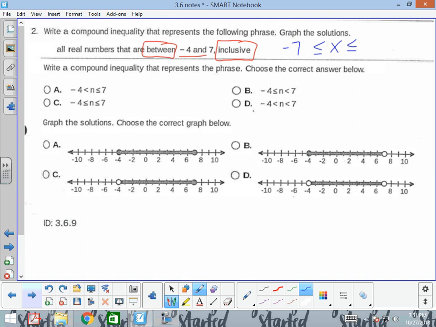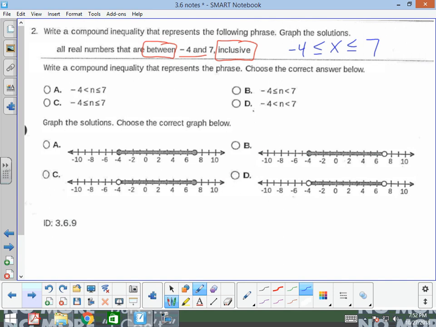Small number on the left and big number on the right. And they actually used n, so we will use n. And so that will be answer choice C: -4 is less than or equal to n, which is less than or equal to 7.